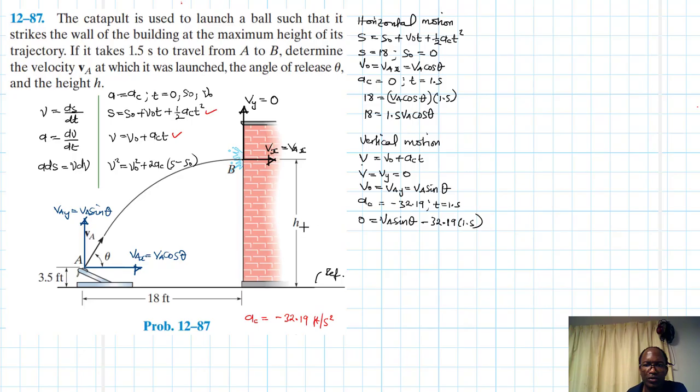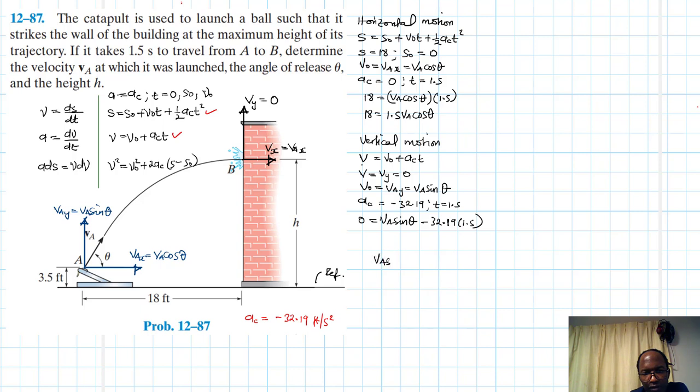Okay, so we can solve these two equations. So we have 18 equal to 1.5 VA cos theta. Let me start with the one for sine.